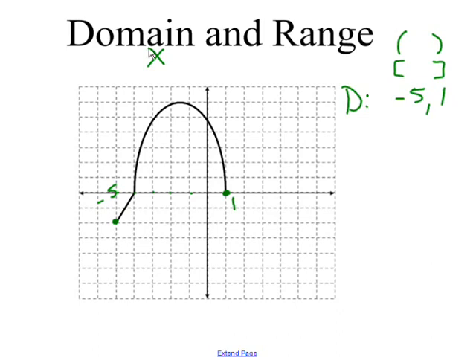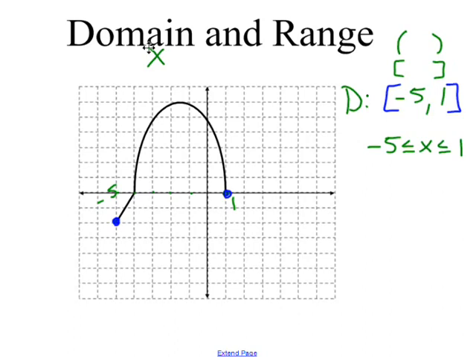So looking at this graph, I am including these endpoints, so therefore I should use brackets. Now some people could also write this as an inequality, negative 5 is less than or equal to x, which is less than or equal to 1. And again using the equal signs because it actually counts those points.